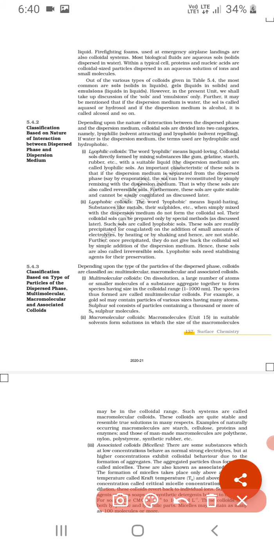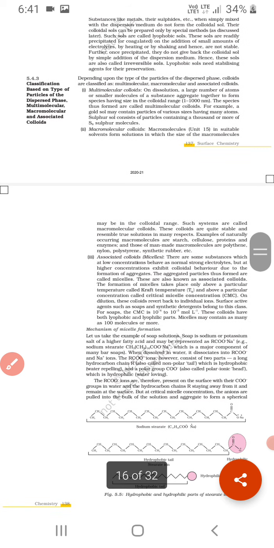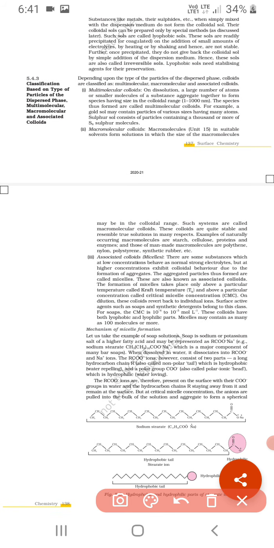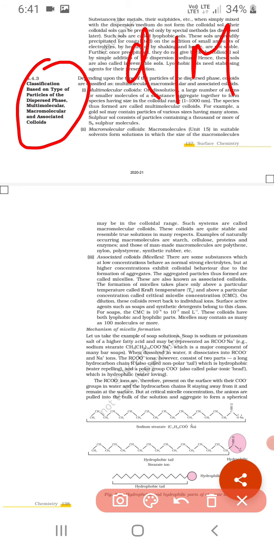So move on to another classification of colloids, that is, classification based on the type of particles of the dispersed phase. We only have to classify on the basis of the dispersed phase. No discussion about the dispersion medium.